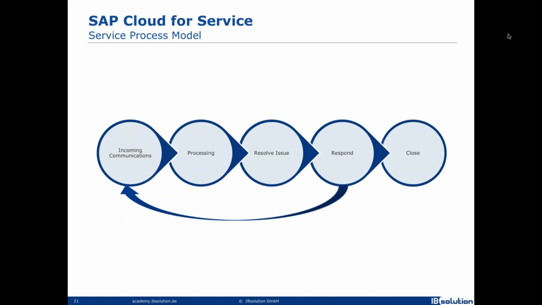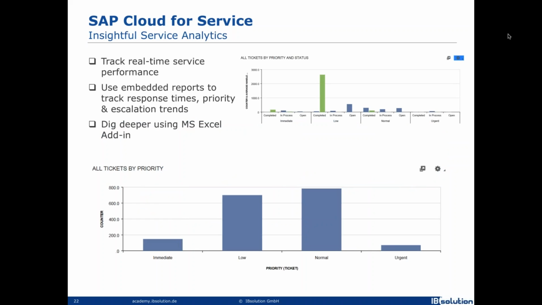Within the ticket, you can search on a knowledge base, for example, and send responses to the customer with references to the knowledge base. And of course, upon receival of confirmation, you can complete the service tickets. Of course, Cloud for Service also provides powerful analytics functionality, which allows you to track the performance of the open tickets, and you can also export this information in MS Excel.